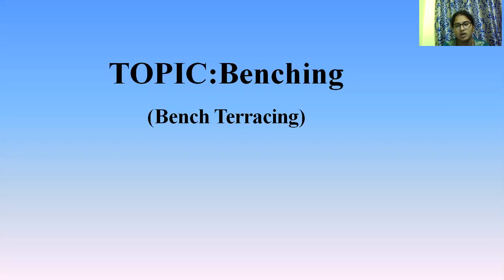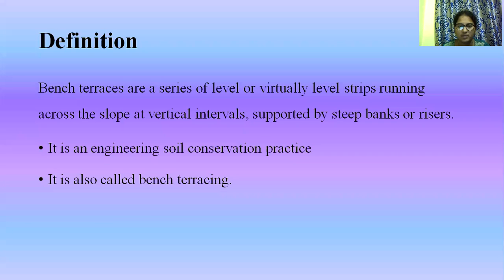It is small, flat and level layers prepared on the slope to reduce the downhill flow of water and soil erosion, retain soil, and control sediment loss. Bench terraces are engineered measures for soil and water conservation.